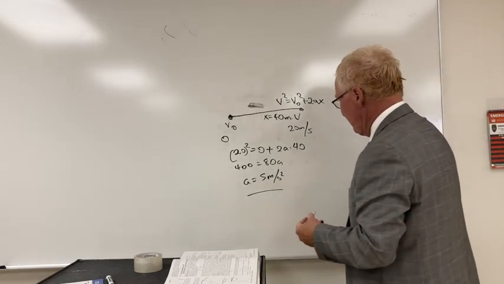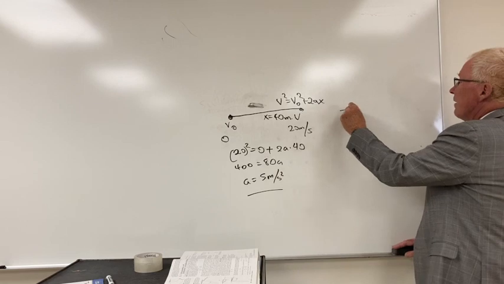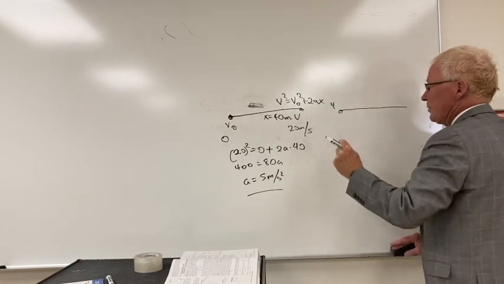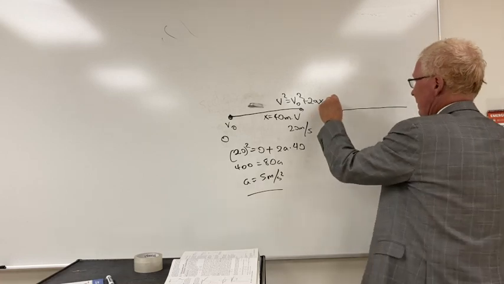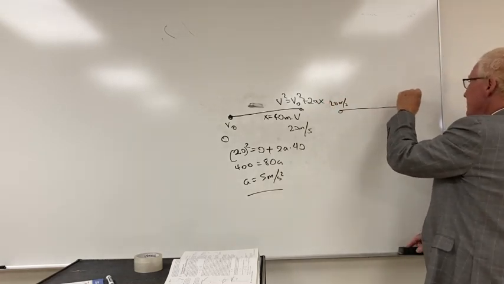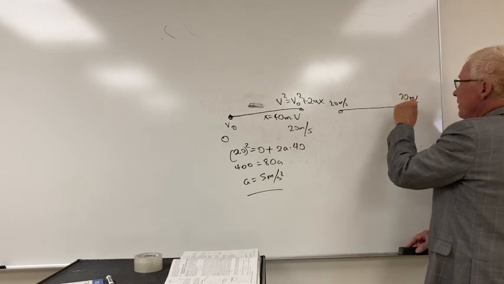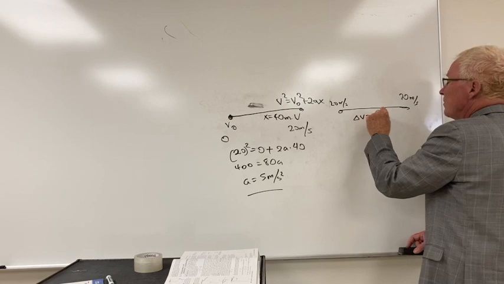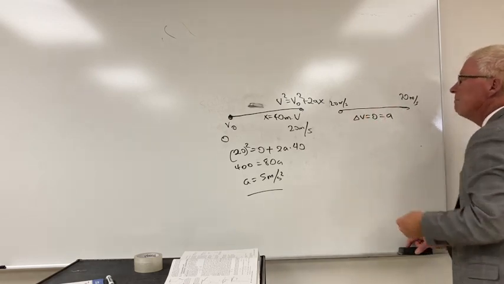Now, if we have constant velocity, we start from 20 meters per second, and we go 20 meters per second in a straight line, our change in velocity is 0, so the acceleration is 0.